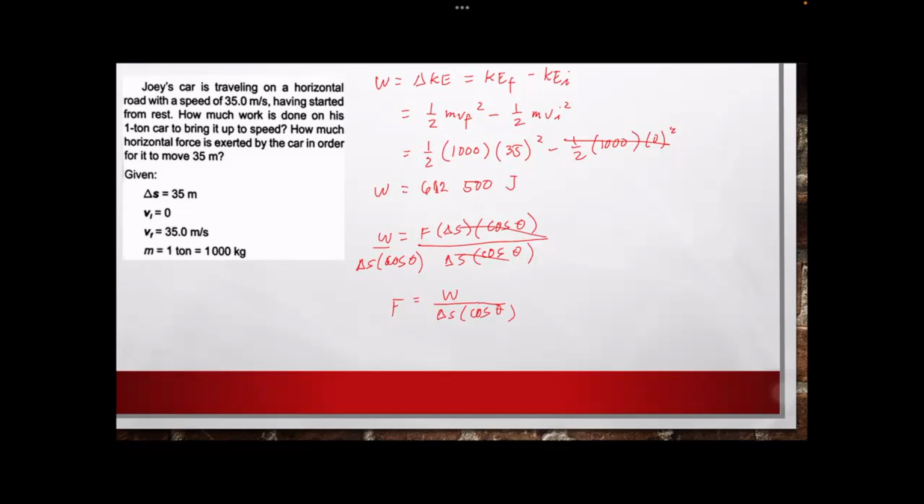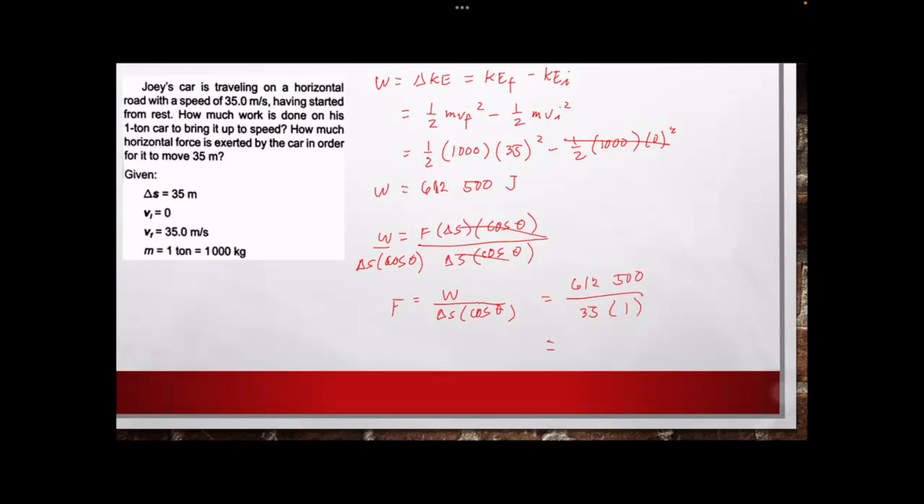So, since the direction of the motion and the force is both horizontal, magkakaroon lang tayo na ating cosine ay 1. So, 0 siya. So, therefore, this will be W. Ang ating W is 612,500 divided by yung delta S natin is 35. This is cosine 0, which is 1. So, kaya magkakaroon tayo dito ng 1.